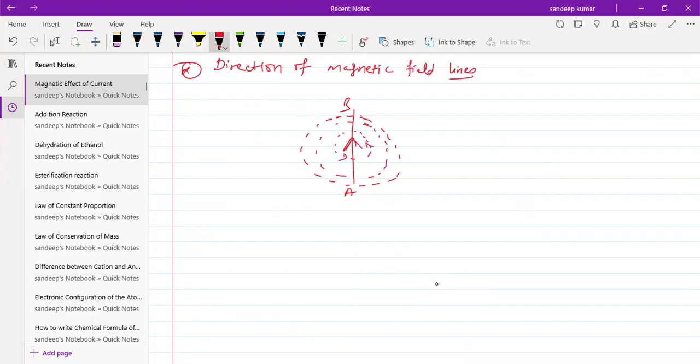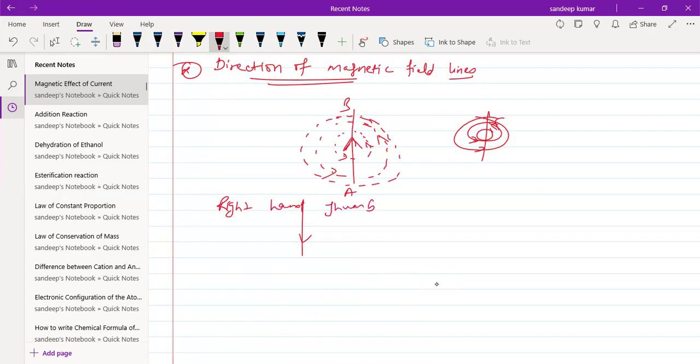You can draw it like this. This is the direction of magnetic field lines using the right hand thumb rule. If the direction of the current is down, it will be clockwise.